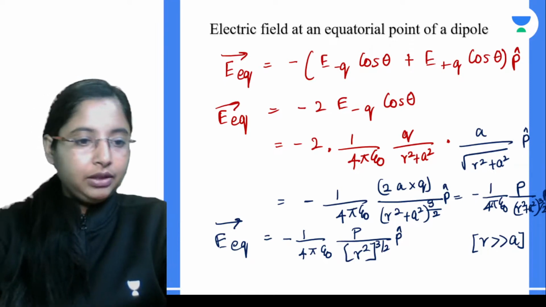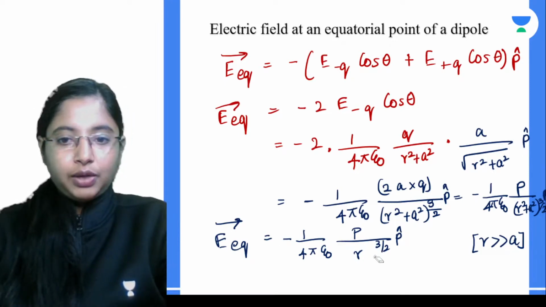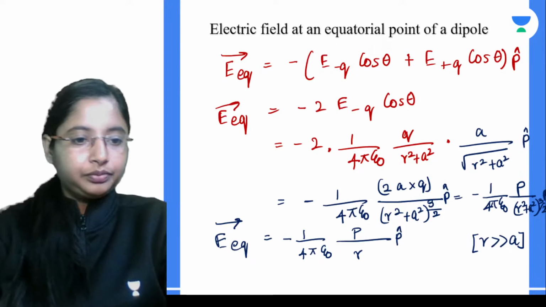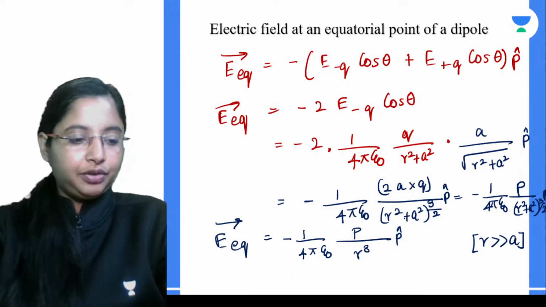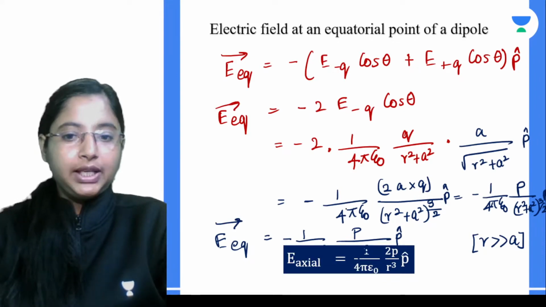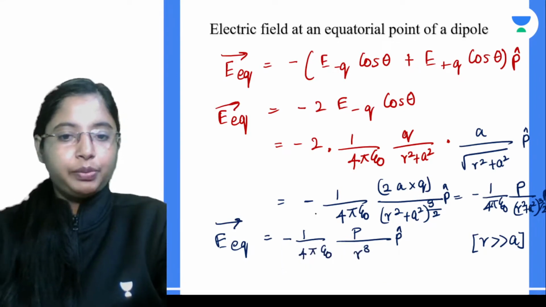The 2 gets cancelled over here and all you will have is r cube. So this gives us the electric field along the equatorial line, which will be 1 by 4 pi epsilon naught p divided by r cube.